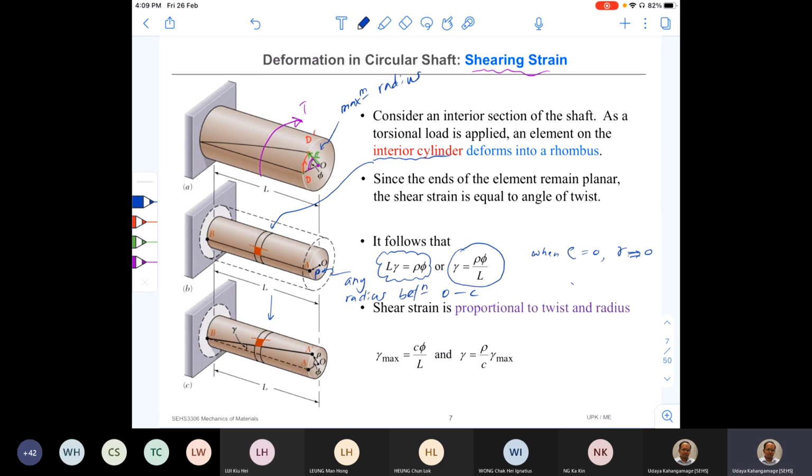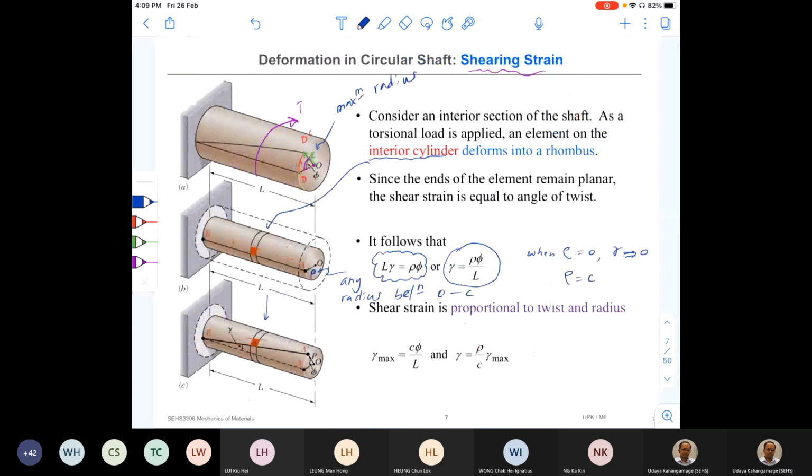Okay, when rho is equal to c, that is the maximum radius. Sorry, my shear strain is going to become maximum, or gamma max, because c is the maximum value that rho can take.